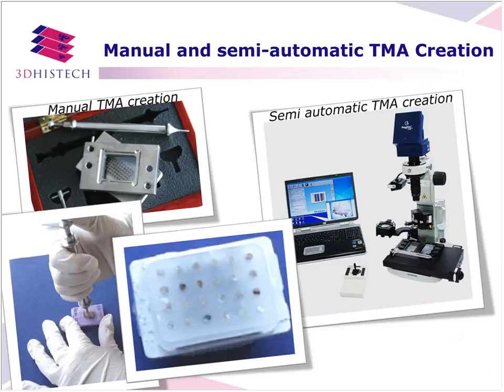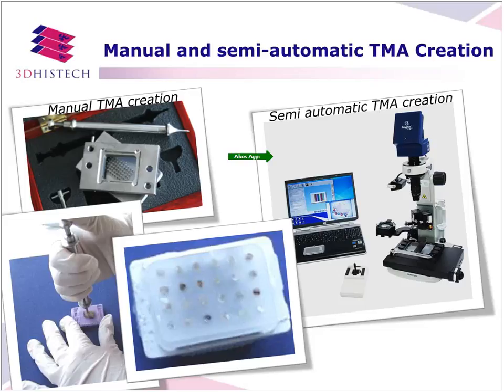You can make a tissue microarray with a manual kit. The manual TMA creation is a hard and slow process, and in the end of this process, you will get a low quality and low density TMA. There are on the market different semi-automated tissue microarrayers too.